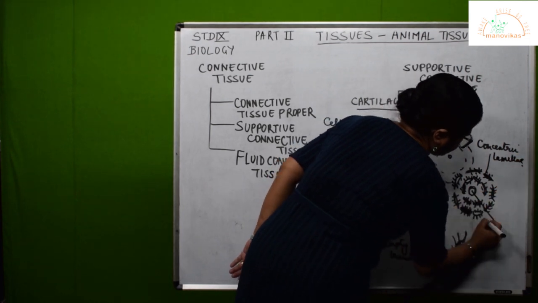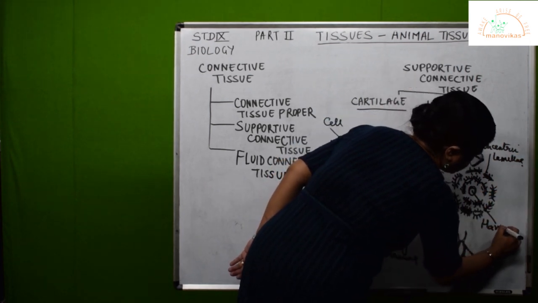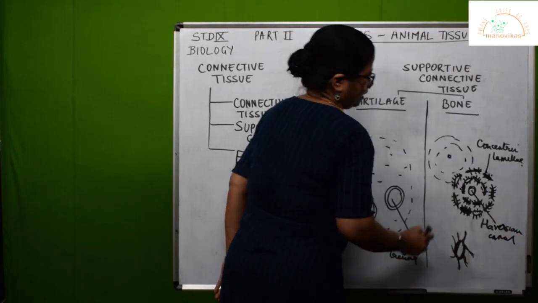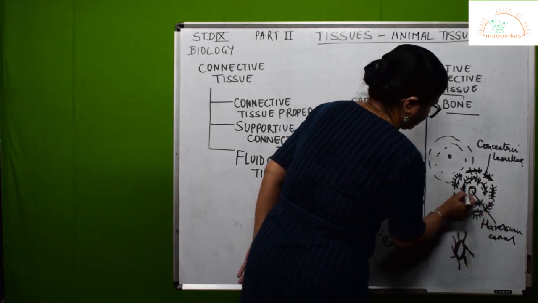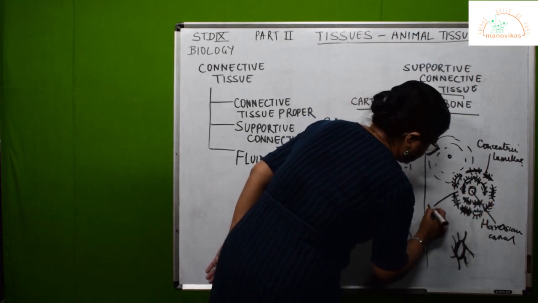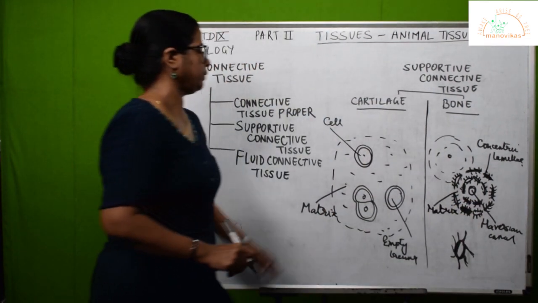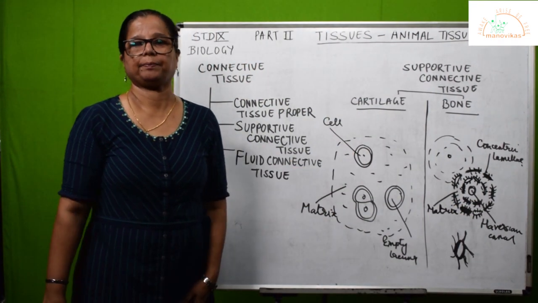This is the Haversian canal of the bone. And you can see here the cells. Now this is the matrix, the rigid matrix. So that is how I learned to identify the cartilage and the bone separately.